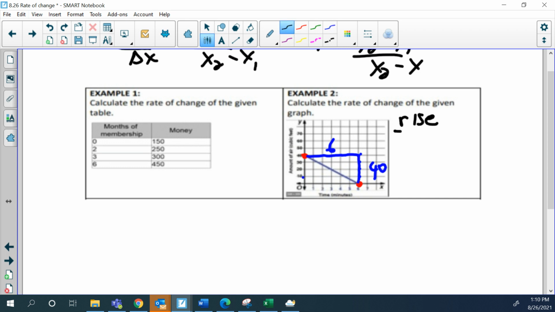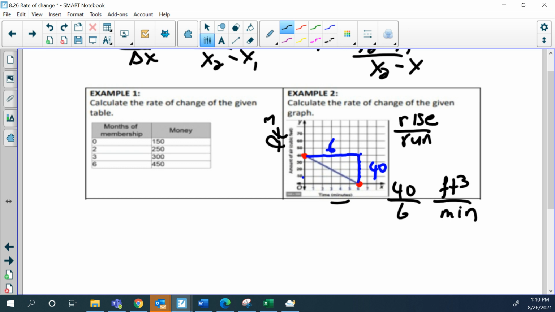So rise over run is going to give me 40 over 6. And my units for my rise on the y-axis, you can't see clearly, but it's cubic feet. So that's feet cubed on top. And on the bottom, it's minutes, which I'm going to abbreviate to MIN.